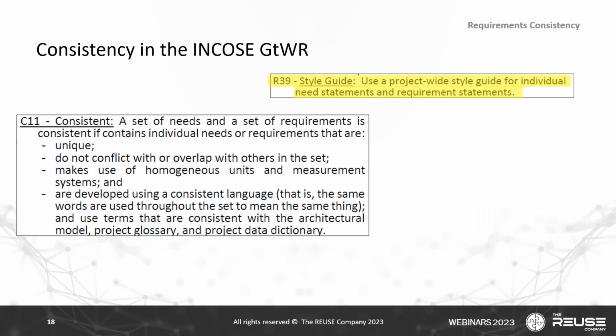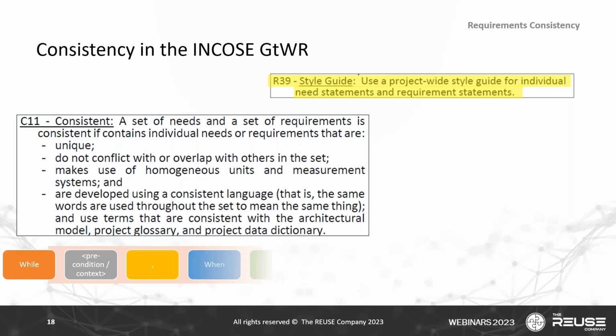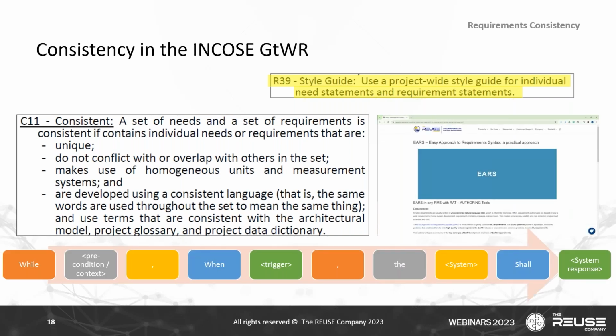And of course, not to mention, the last part is consistency in terms of the structure of your requirements. You must keep your requirements following always, as much as possible, a homogeneous structure. And this is where the notion of patterns can come to play, right? So this is just a potential example of what a requirements pattern could look like.